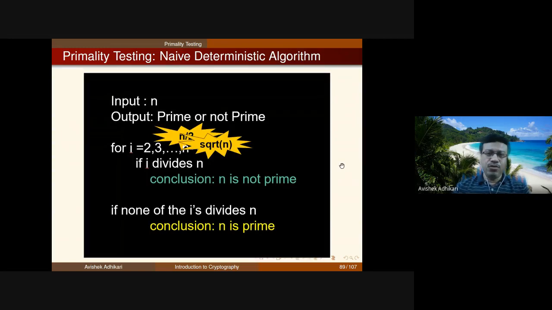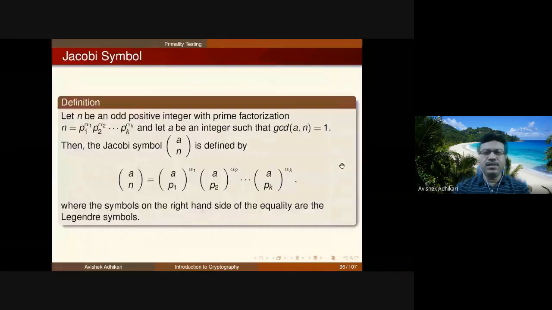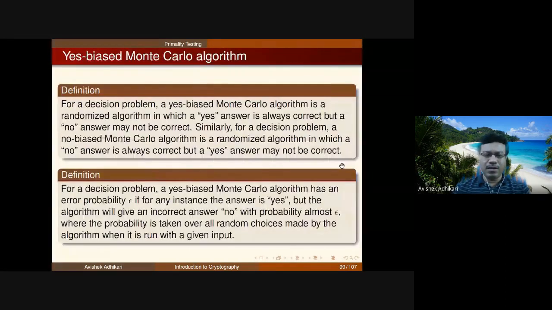But to achieve efficiency, we consider another type of algorithm which we call a probabilistic algorithm. That means if you ask it a question, with some probability it will give you the answer. For example, if I ask you a question, you must say either yes or no. If you say yes, then the answer would be correct, and if you say no, then the answer may not be correct.